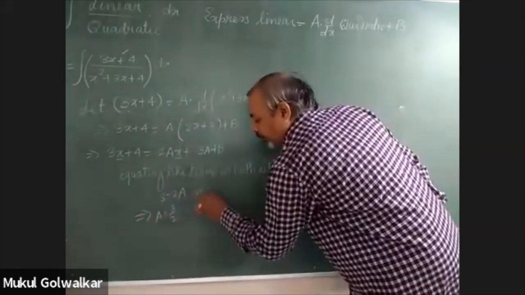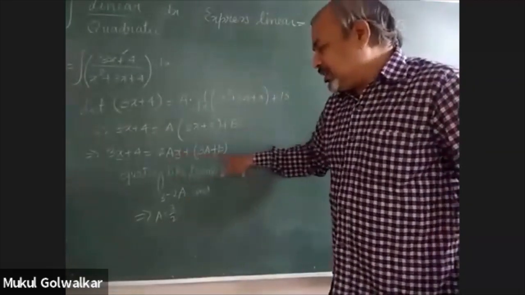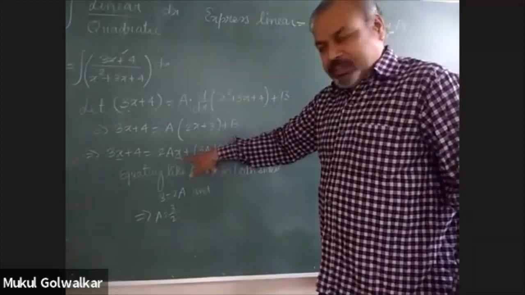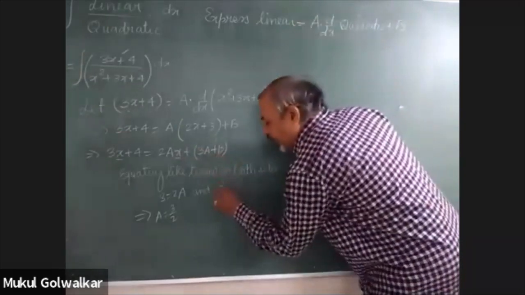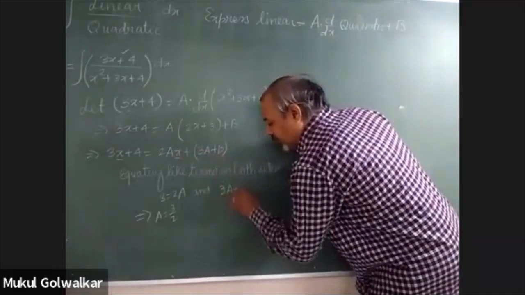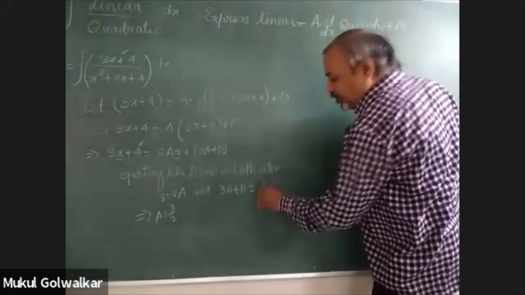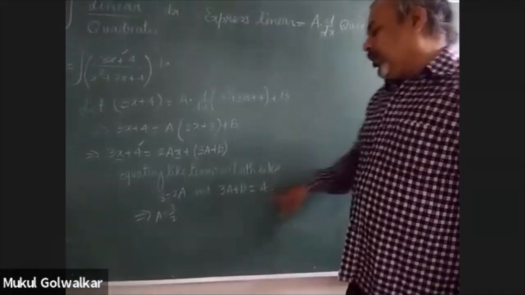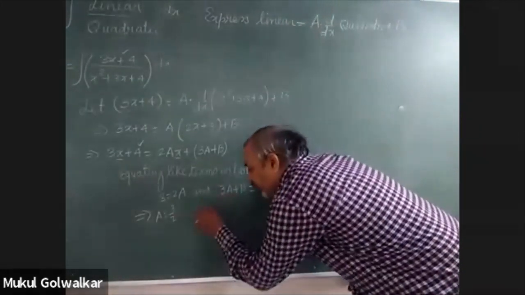And one more thing, the constant term on the right hand side, that means on RHS, that term which does not have the variable. So 3a plus b. This 3a plus b I am equating with the constant term on my left, and the constant term on my left is 4. So 3a plus b will be equal to 4. The value of a we already have calculated, so that value of a we substitute here.